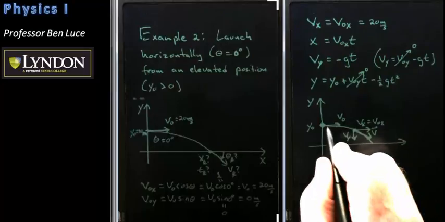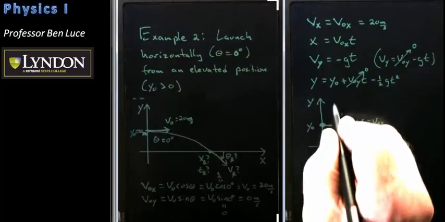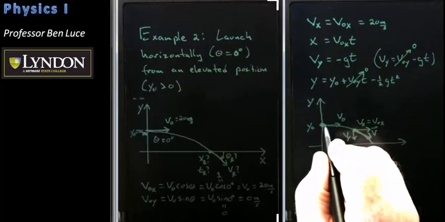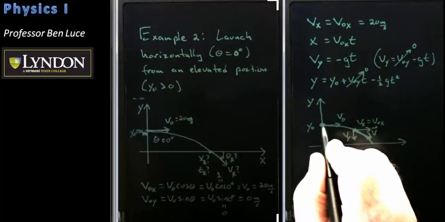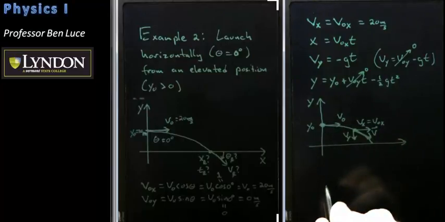All right, so basically, this projectile is essentially, as far as the vertical part, falling from rest. It's basically drifting to the right at a constant rate and falling from rest vertically.